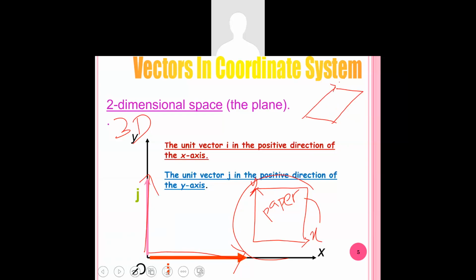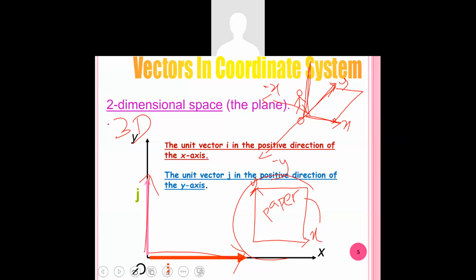This is the Y axis, this is the X axis, and you're standing at this corner here at the origin. You're looking down at your paper. Going in front of you is the Y axis, going to your right is the X axis. Of course, if it goes to your left, then it would be the negative of the X axis. And if it goes behind you, then it would be the negative of the Y axis.